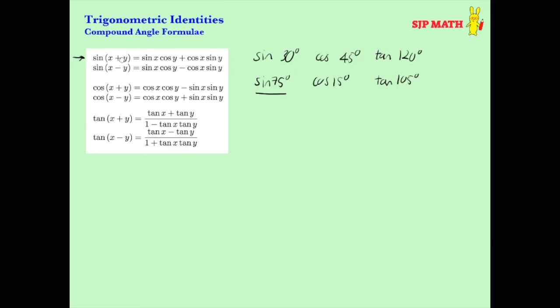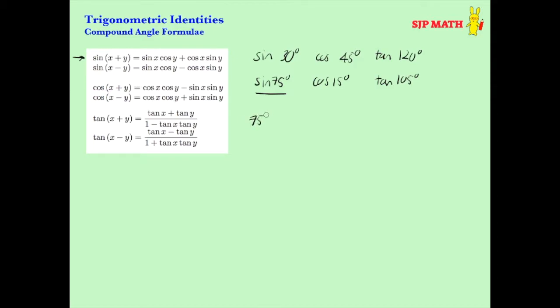According to this equation, the value is expressed using the sine and cosine values of x and y. So x and y need to be angles in the unit circle so that we already know their exact sine and cosine values. So 75 degrees must be expressed as the sum of two angles in the unit circle.